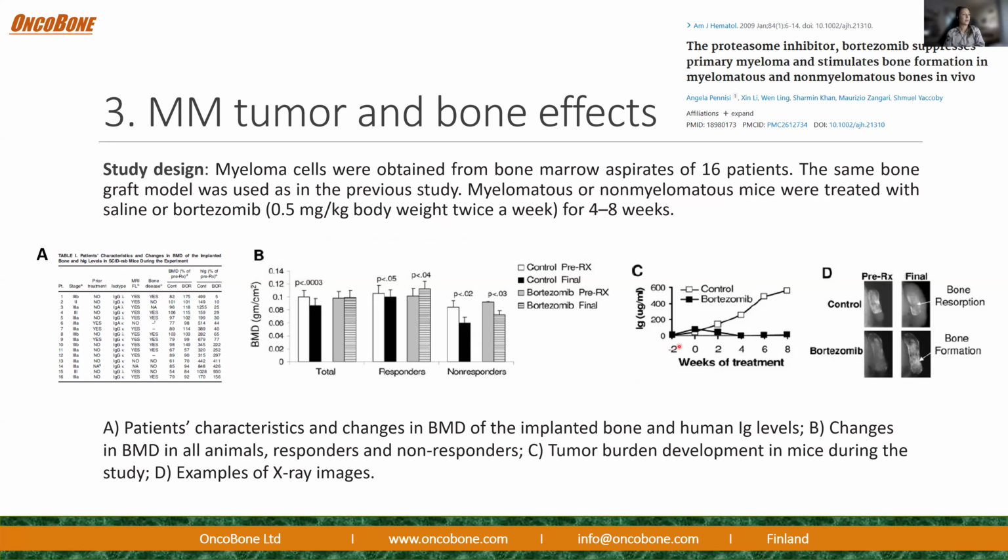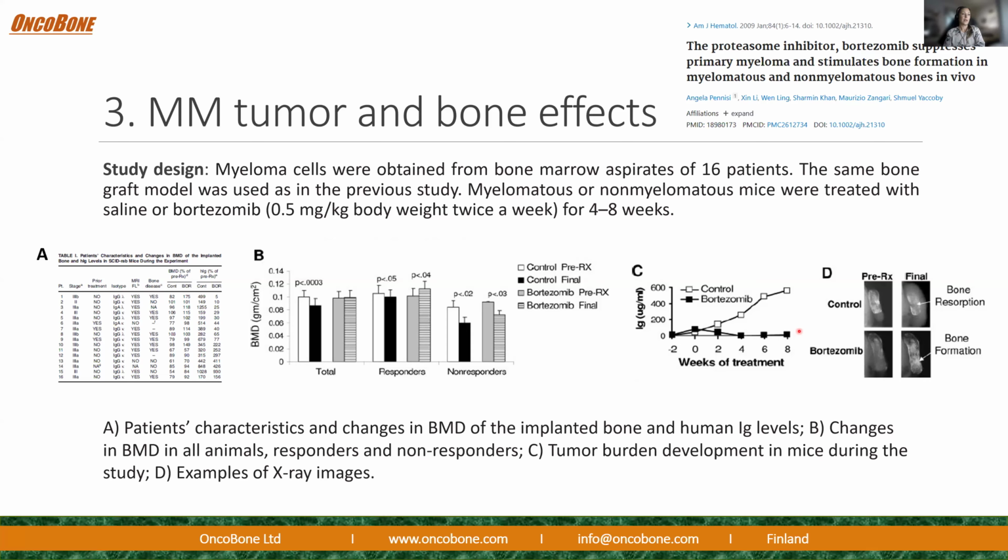Here they also provide information on how bortezomib treatment is affecting the tumor, because that's where its main indication is. And you can see here the white line reflecting the growth of the control tumors, whereas with bortezomib we can see that this line goes down, meaning that the treatment is effectively affecting the multiple myeloma cell growth.